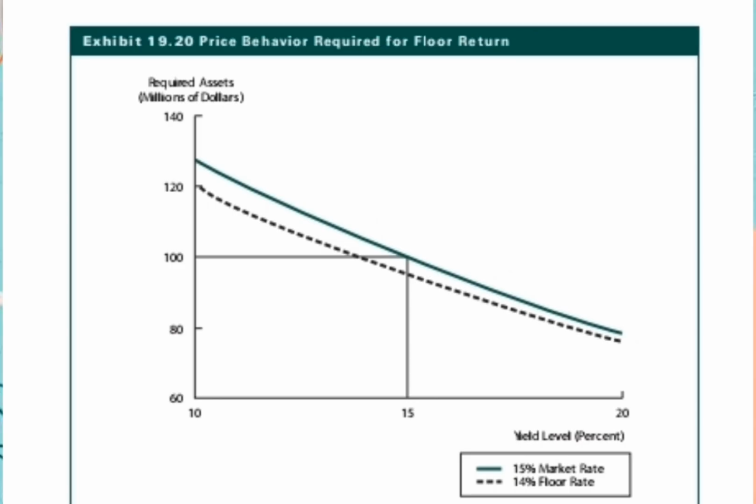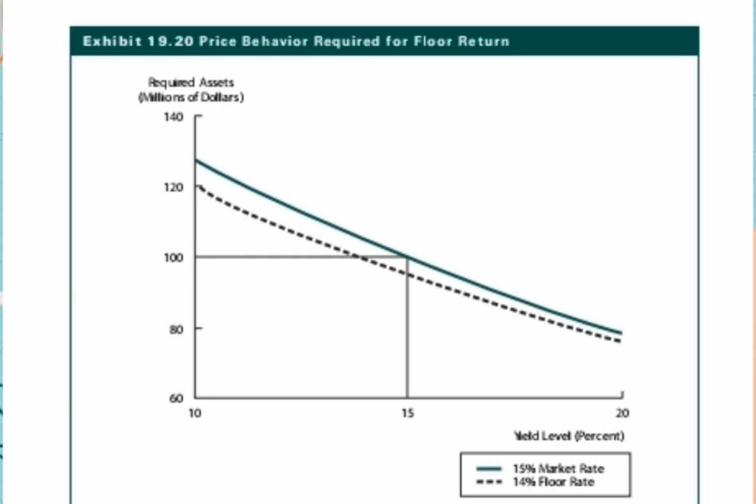Exhibit 19.20 displays the price behavior required for a floor return in contingent immunization, showing the required assets in millions of dollars plotted against the yield level percent.